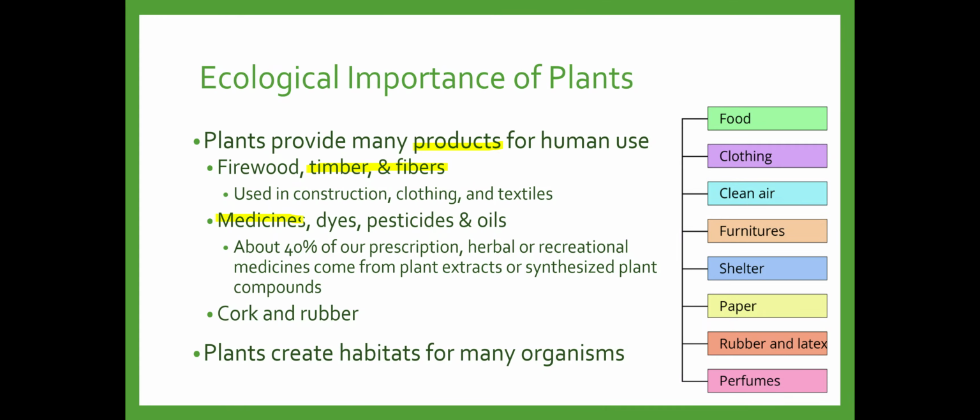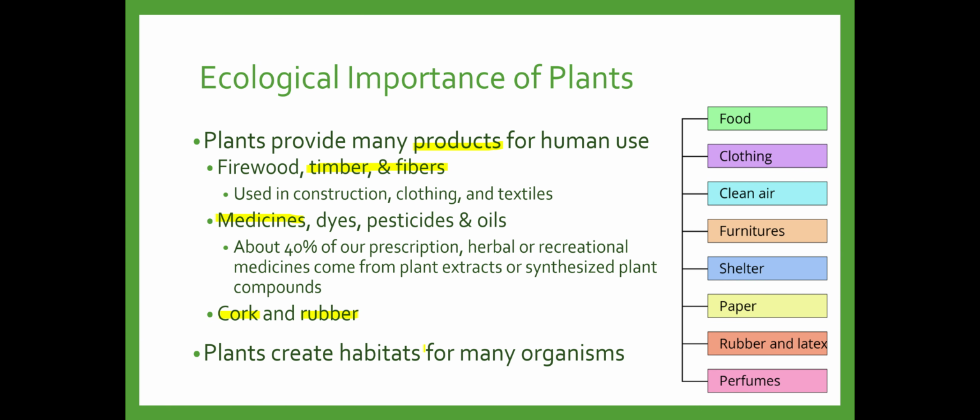A lot of our medicines, in fact, about 40% or so, this was according to PBS, but a lot of our medications or herbal type medications are going to come from plant extracts or compounds that we synthesize from plants. We could also use them for dyes, like in the colors of the petals or plant parts. We could use them for pesticides and other oils. And then cork and rubber also both come from plants.